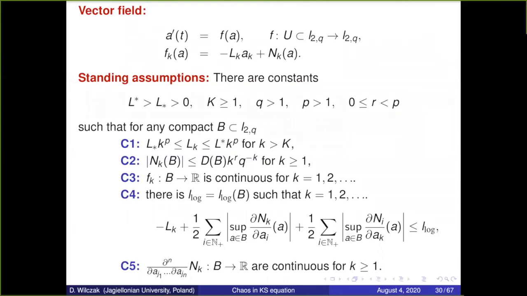Yes, and this R is more or less a combination. It takes into account how many derivatives we lose in this PDE, plus the degree minus 1 of the polynomial. I think the condition should be better, because it turns out that for Burgers, C2 does not hold, for example.